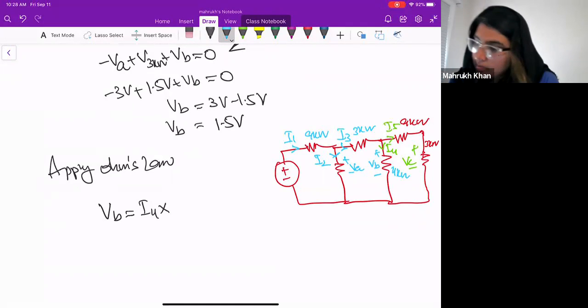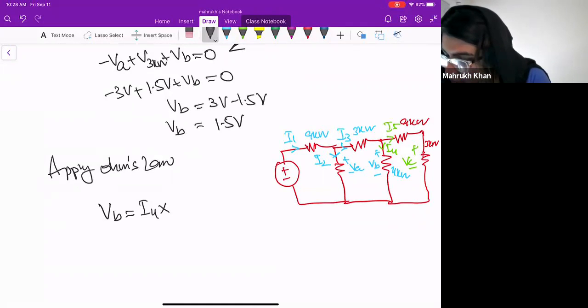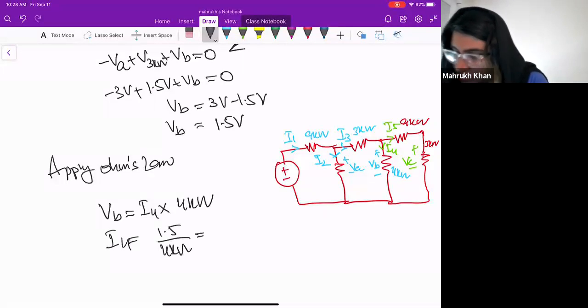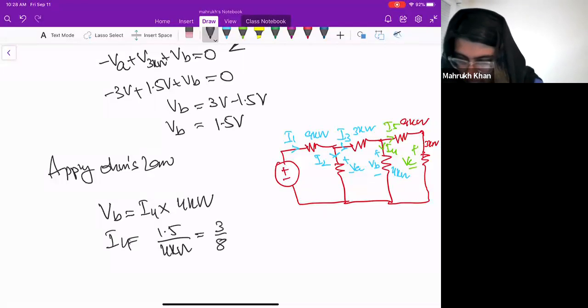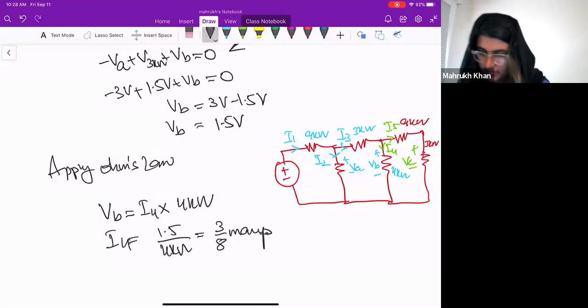So it will be I4 into 4 kilo ohms. So I4 will be 1.5 volts divided by 4 kilo ohms, and it's 3 by 8 milliamps. Okay.